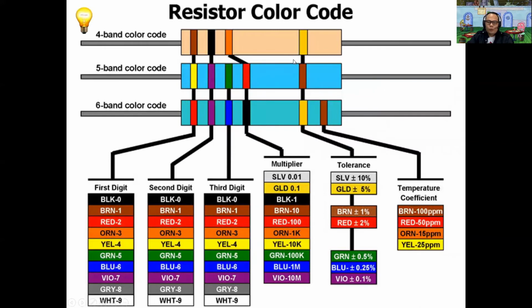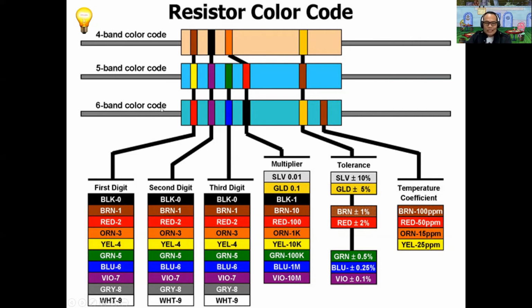So this is the resistor color code. Some resistors have four bands. There are also five-band resistors, and there are also six-band resistors.